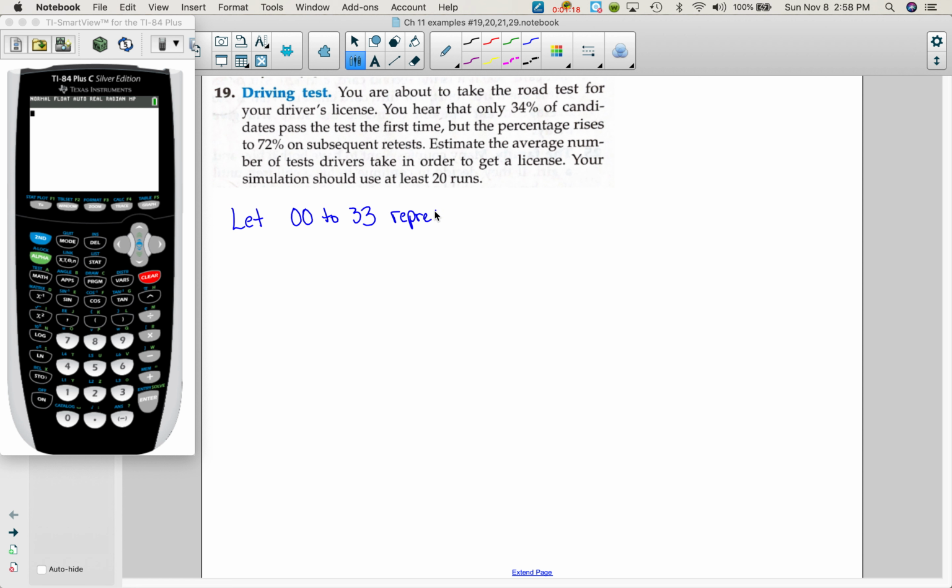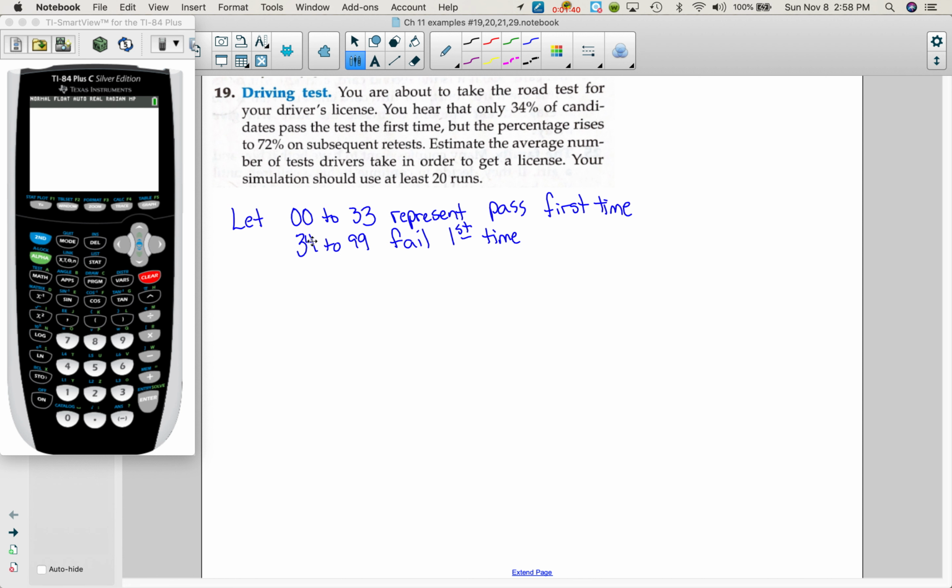represent pass first test or first time. And that means 34 to 99 means fail first time.